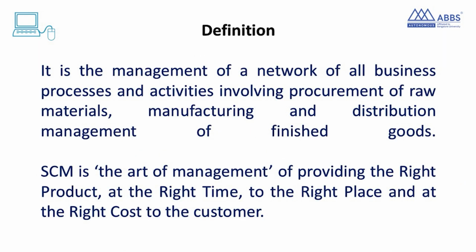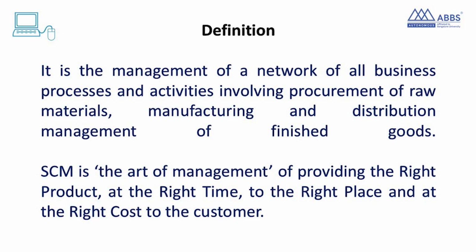Now, if we look into the formal definition of supply chain management, it is management of a network of all business processes and activities involving procurement of raw materials, manufacturing and distribution management of finished goods. So, there is a saying: right product at the right place to the right customer at the right time.